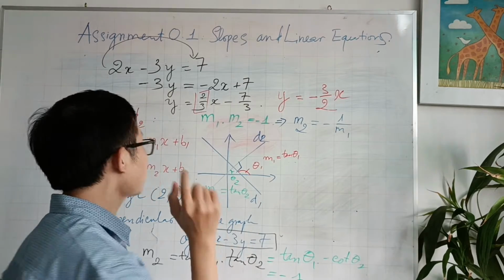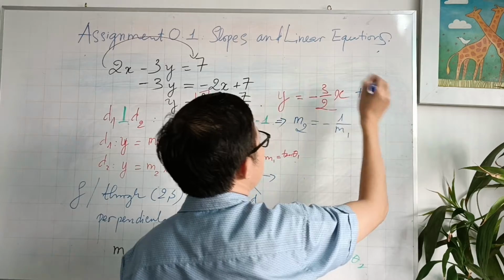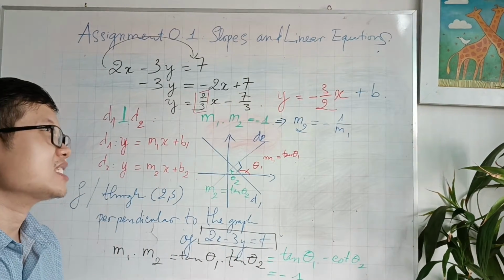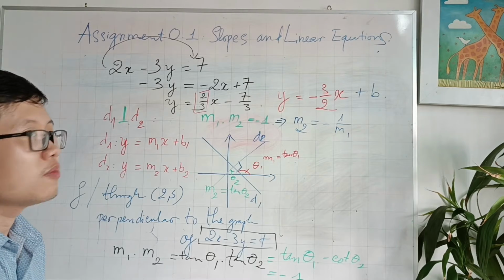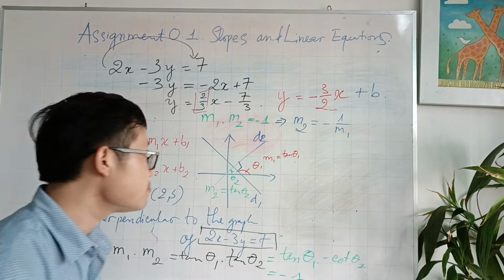And in the same way as in question E, you must add b here, because you don't know the intercept with the y-axis. So you add b and solve for b in the next step.